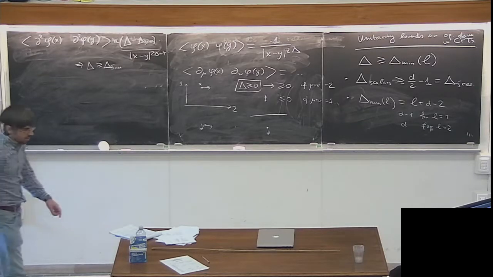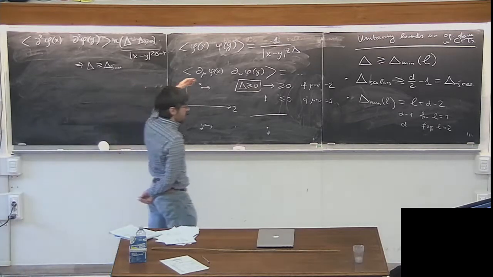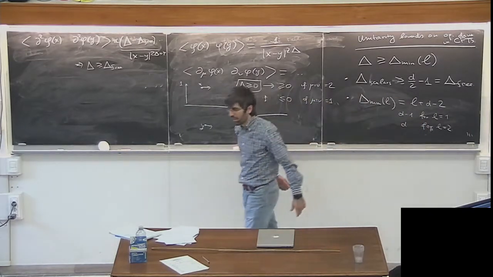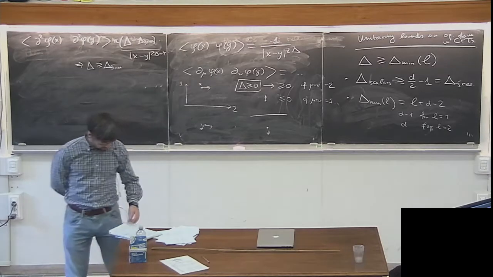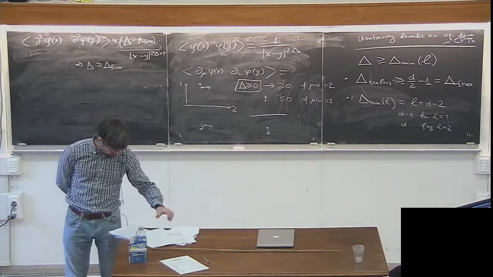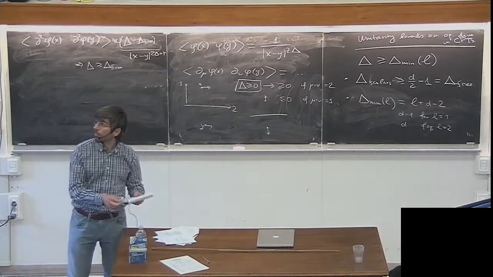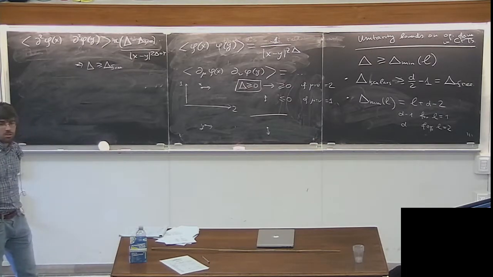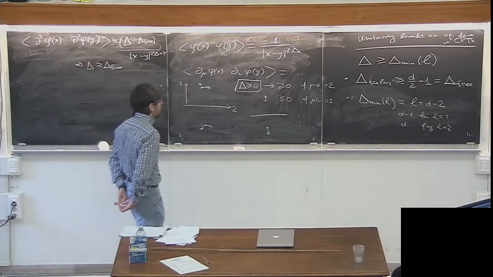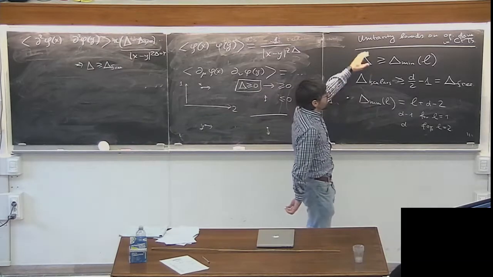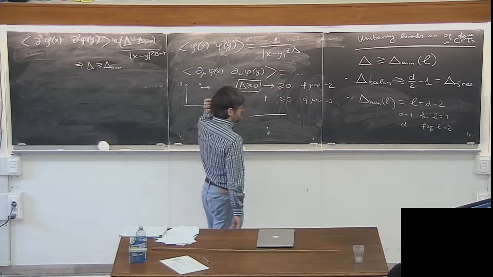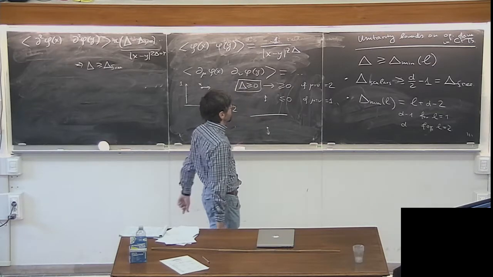And by the way, by playing similar games for fields with spin, you are going to prove these other bounds. That's all there is to it. There's going to be another consequence of unitarity for the OPE coefficients, but I'm going to mention it later on when we will need it.